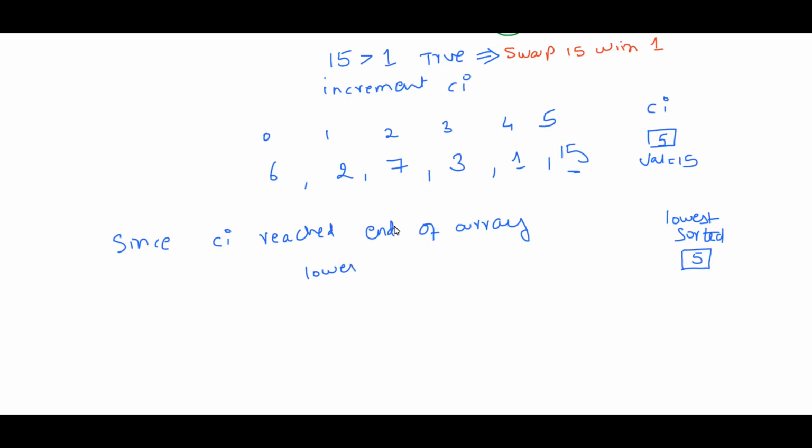So we're going to say lowest sorted is equal to current index CI, which is position 5. As you notice, we don't need to sort position 5 anymore, so we're going to identify that in a yellow color, and we're not going to bother with that in the next iteration.